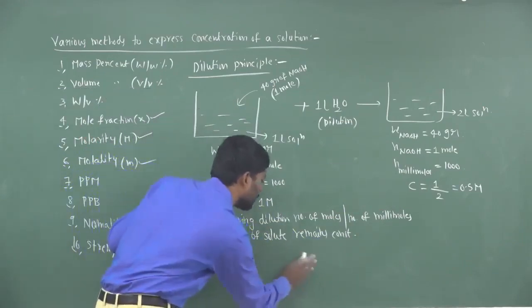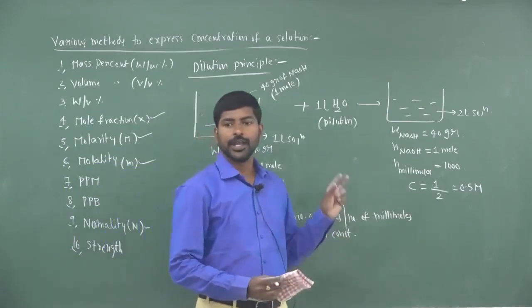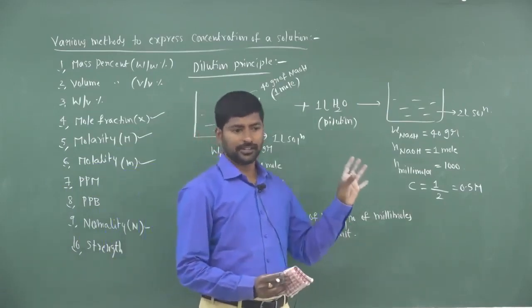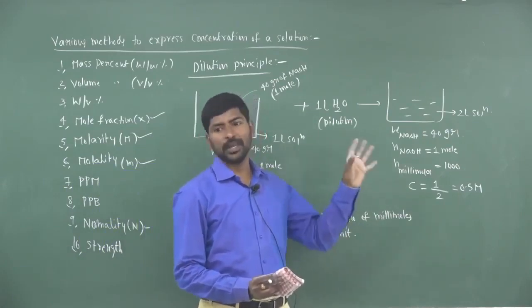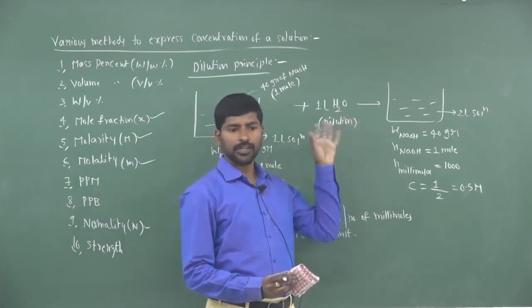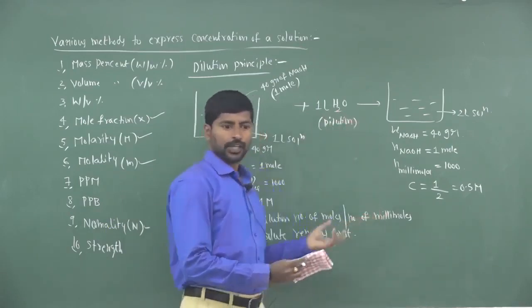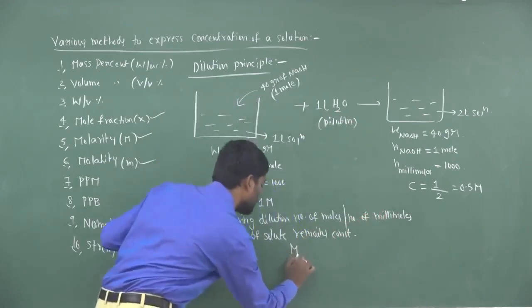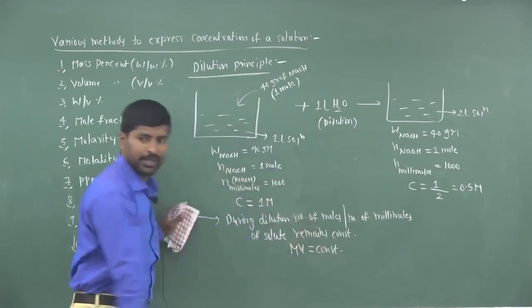So we have the formula for number of moles. What is the formula for number of moles? M into V in liters. What is the formula for number of millimoles? M into V in ml. Therefore, M into V remains constant. V you may take in liters or milliliters.